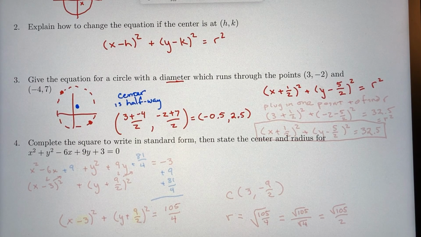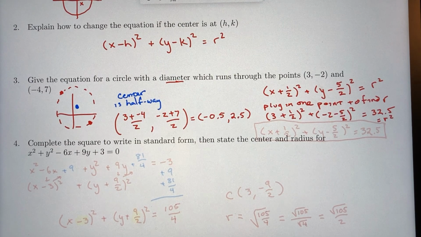If I plug in one of the points, so you plug in 3, -2, so 3 where x is, and then do that calculation. Calculator says, I'm not going to do it by hand. Calculator says 32.5. So my final equation, that's my r squared.